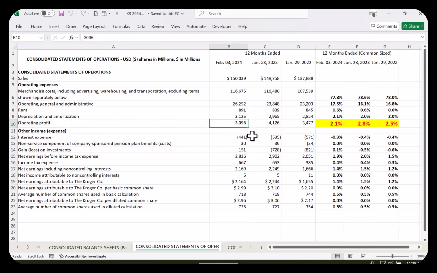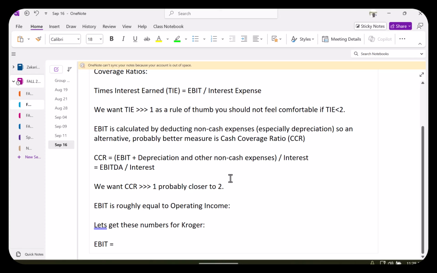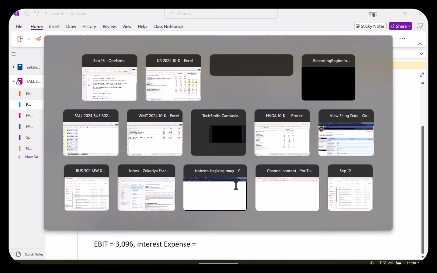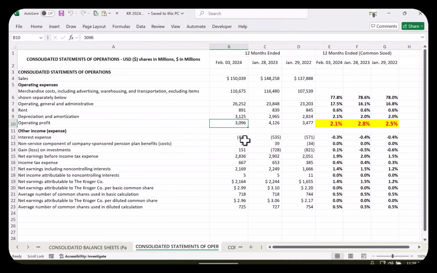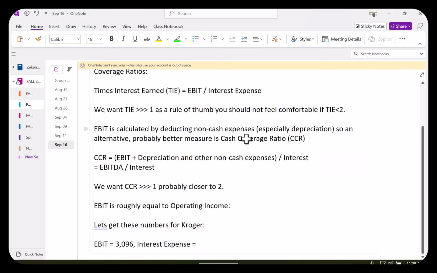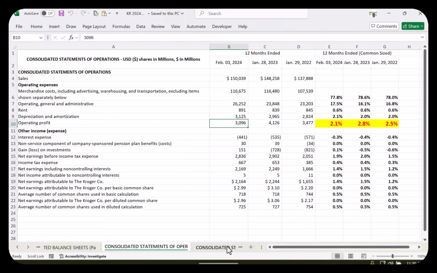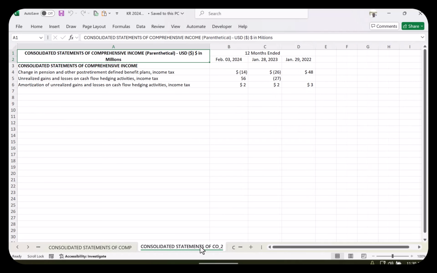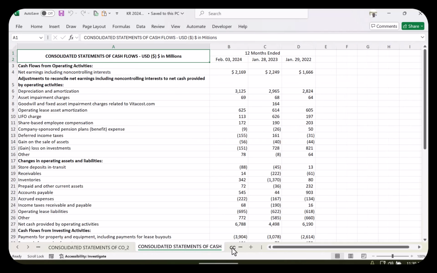Operating profits, 396. Let's look at interest expense, 441. I can find out depreciation and other non-cash stuff from the statement of cash flows.